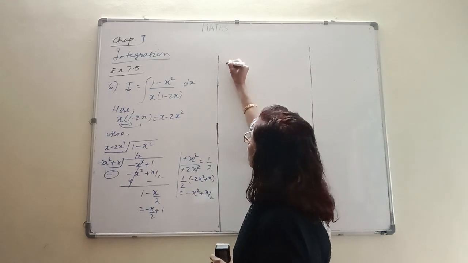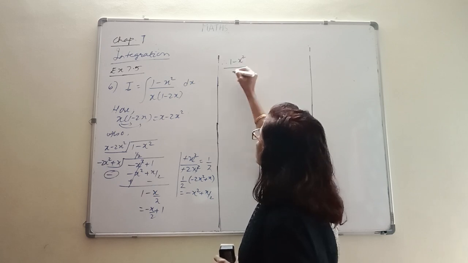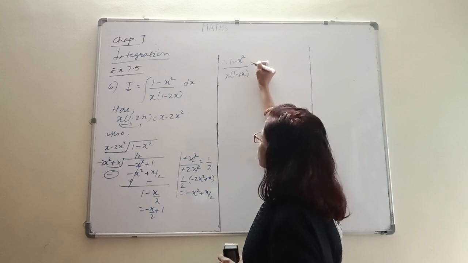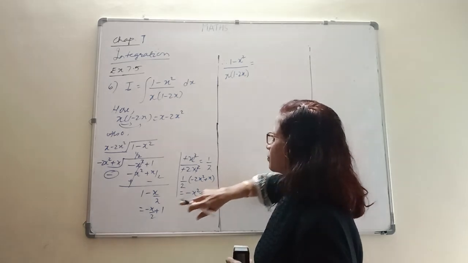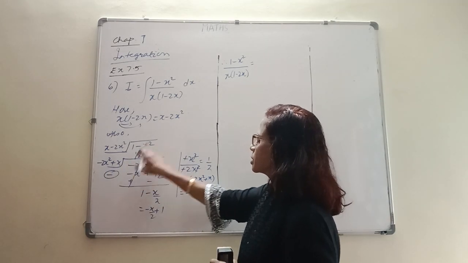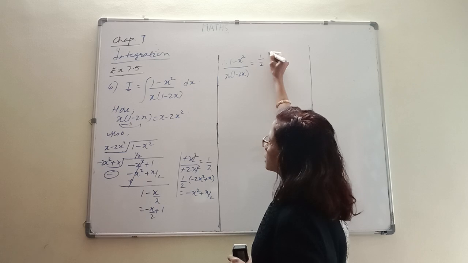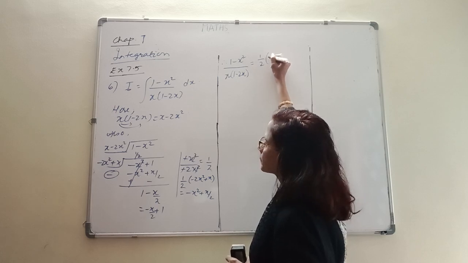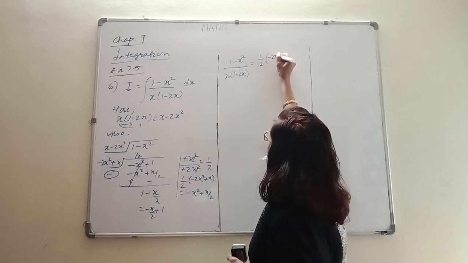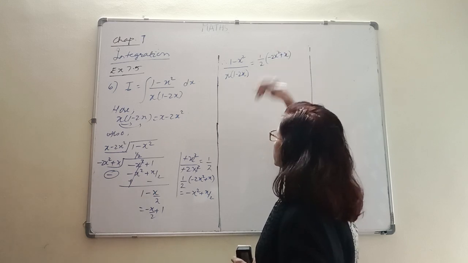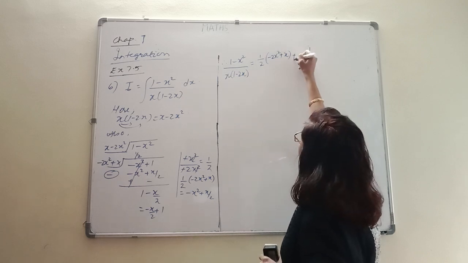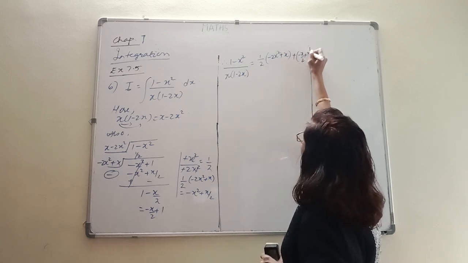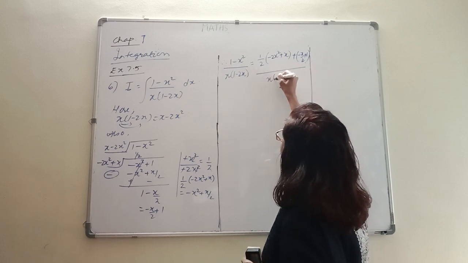Therefore, (1 minus x squared) over x times (1 minus 2x) equals divisor times quotient plus remainder. The divisor for us is this and the quotient is this, so it's half times (negative 2x squared plus x), that is the denominator itself, plus the remainder which is minus x over 2 plus 1, over all this x times (1 minus 2x).